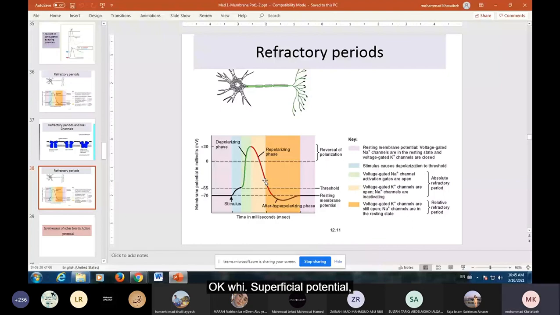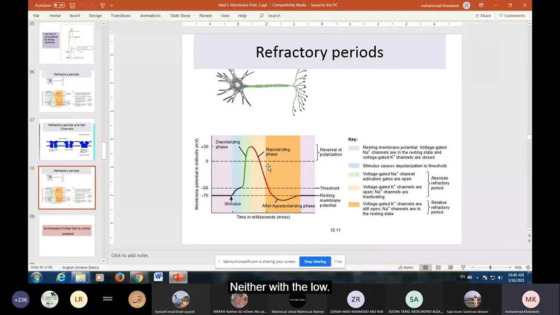While a suprathreshold potential, which happens in the lab, can cause them to open again. And because of that, we defined the second part of the refractory period as the relative refractory period. Relative, which is different from absolute. Absolute, never ever.